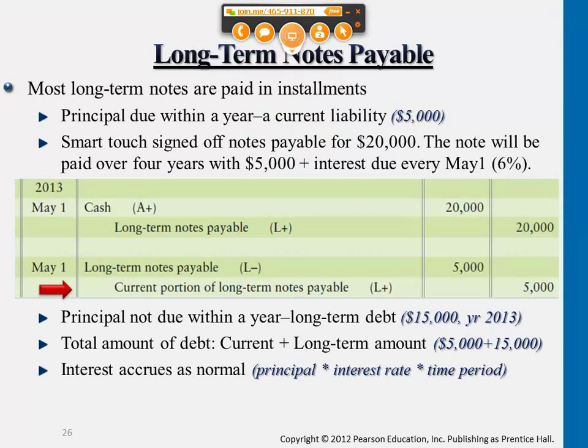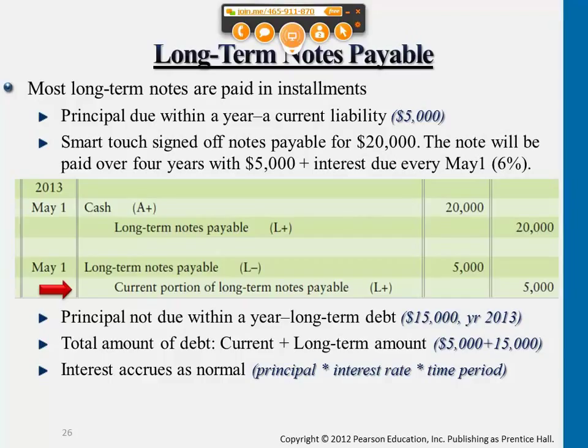We've actually talked a little bit about this in Chapter 10. Remember the part that we talked about on the current portion of long-term notes payable? That's basically the part of long-term notes that will be due immediately next year.